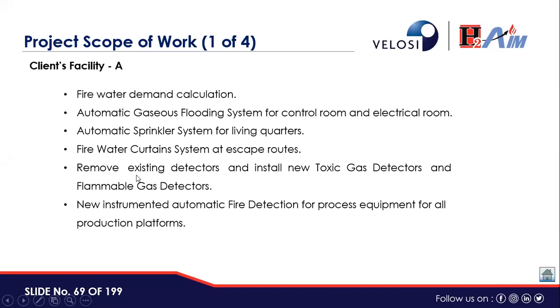Then we have to remove the existing detectors and install new toxic gas detectors and flammable gas detectors, calculating how many detectors will be required in each specific area, and new instrumented automatic fire detection for process equipment for all the production platforms.